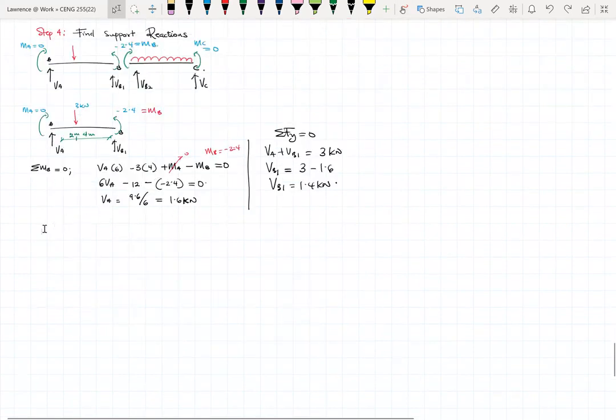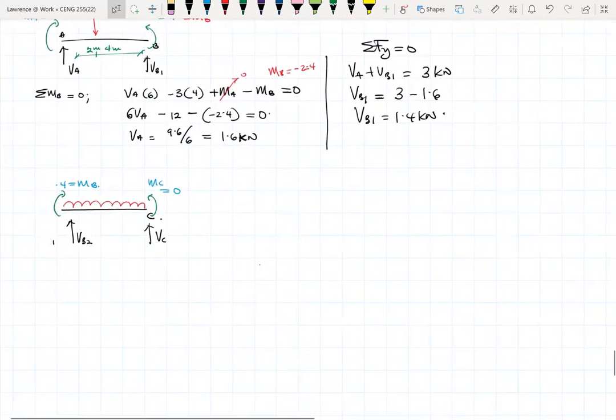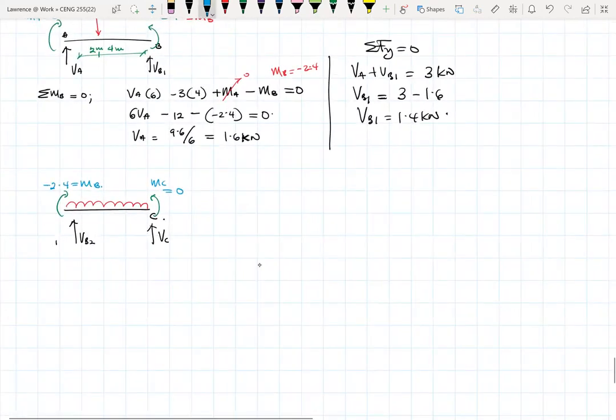So at this point, it becomes fairly straightforward to do in terms of the computation. So minus 2.4. Then we have, so this is B, this is C. So here again, we do summation of moments about, let's say, either B or C is up to us, whichever one works for us.